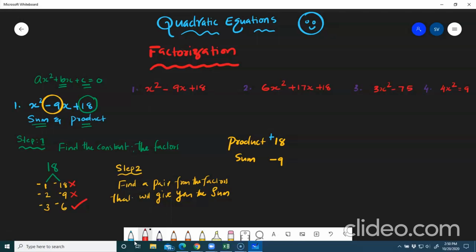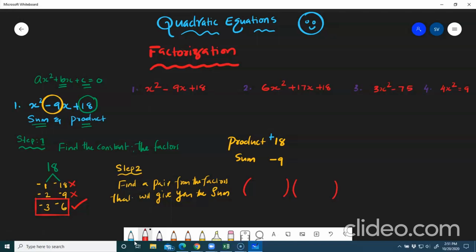So we are already on the brim of our final answer. Negative 3 and negative 6 are the numbers. Because we have an equation with degree 2, we will have two factors. To write the final answer, check what variable is used in this quadratic equation.